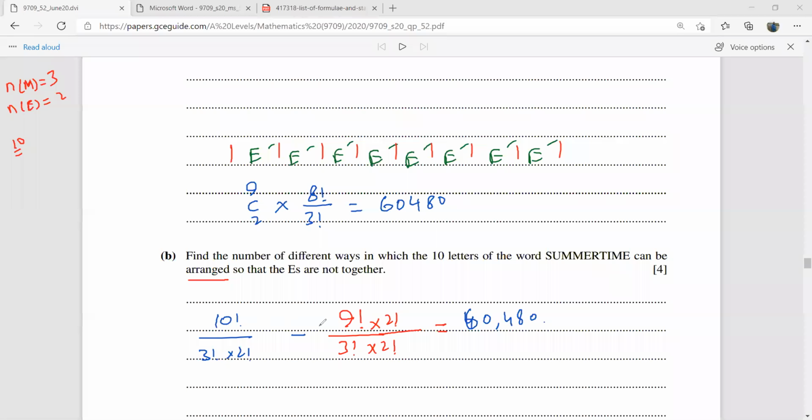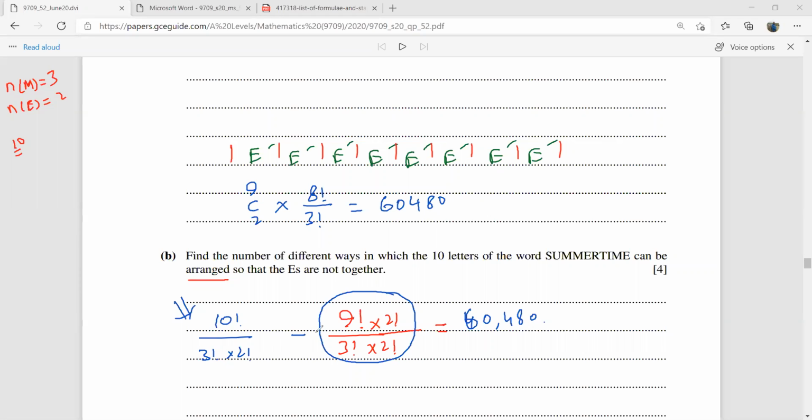This has to be the total minus the ones where they are together. So both these answers should be the same. I forgot to write the total minus where they are together, 3 factorial into 2 factorial. Yeah, so they should match. Okay, so this is the number where the 2 E's are together, and this is the total number of arrangements. So you subtract them, you get the number.